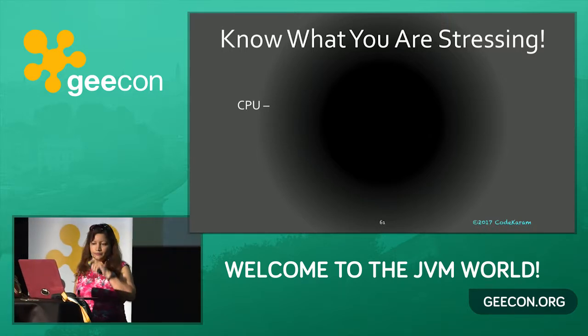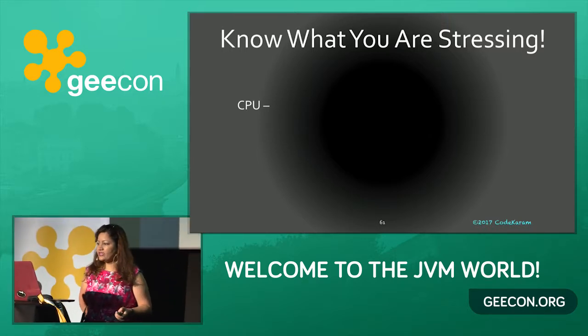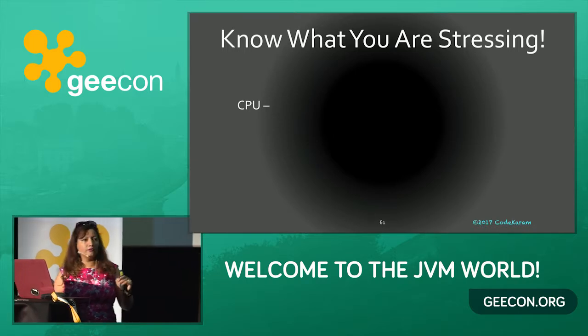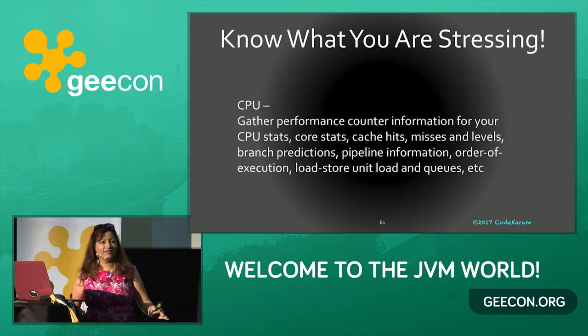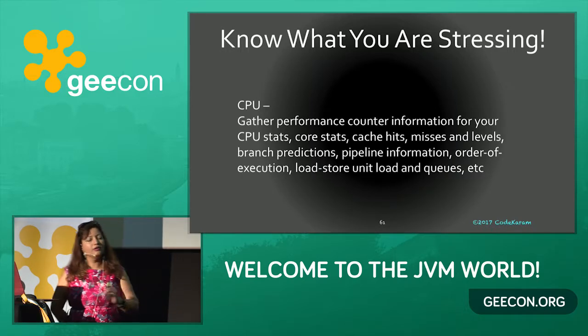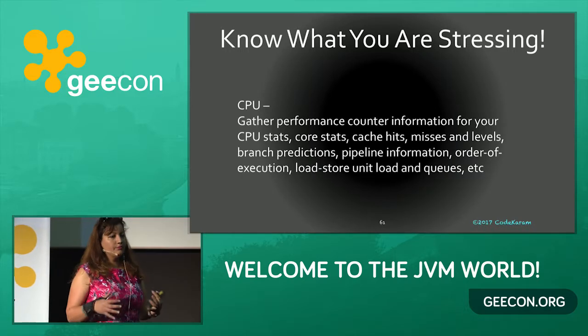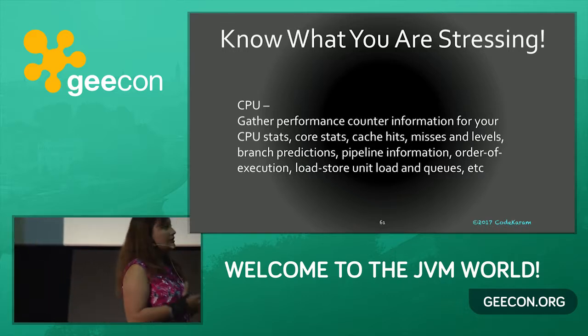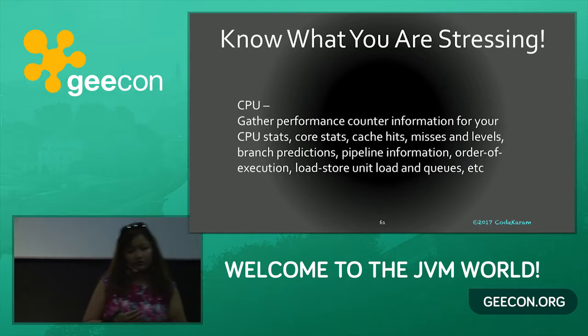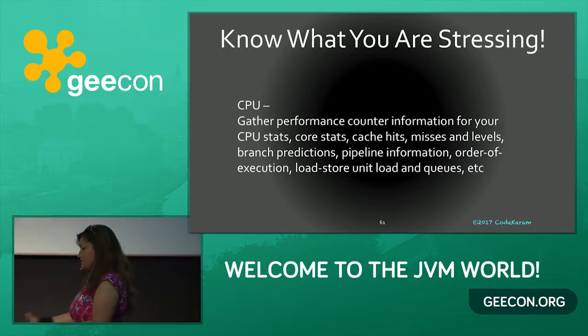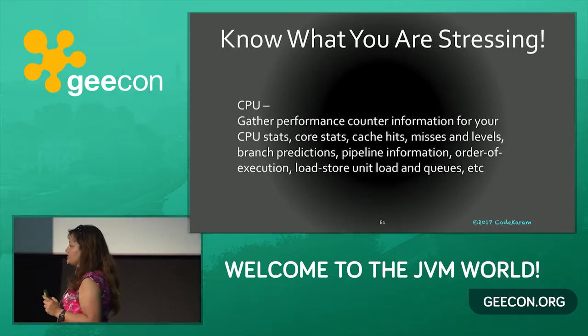So for CPU, you want to gather performance counter information for various things that are listed here. So you have core stats, cache misses, and so on. And this is very important because we're doing the bottom-up approach. Remember, CPU is the main thing. So you want to make sure that you're stressing and gathering information on load store units and stuff like that, which is basically how your memory is accessed.